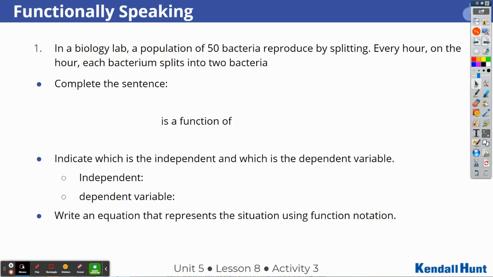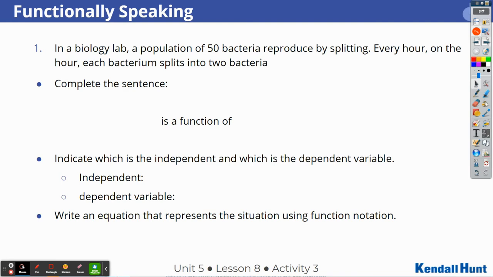All right, so let's look at 3 examples we've looked at in previous lessons. So in a biology lab, a population of 50 bacteria reproduce by splitting. Every hour on the hour, each bacterium splits into 2 bacteria. So we need to write the function sentence. So we need to decide what our independent and dependent variables are.